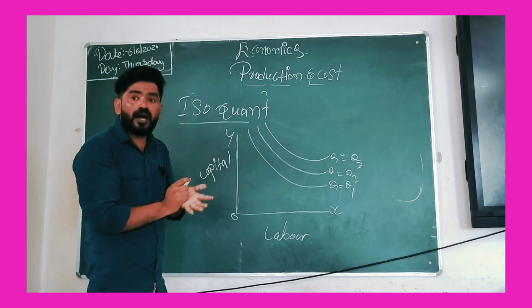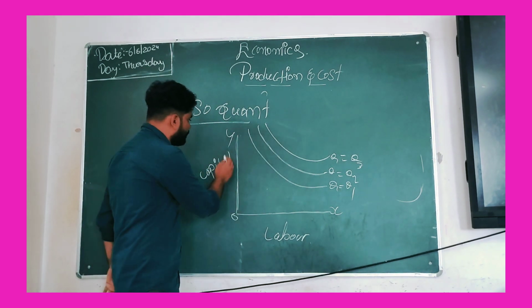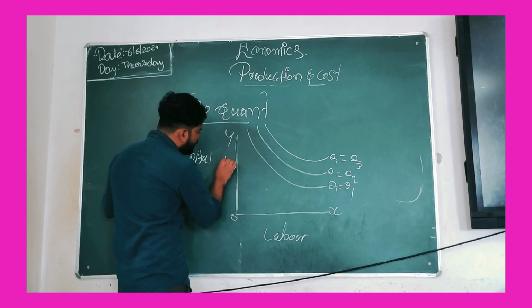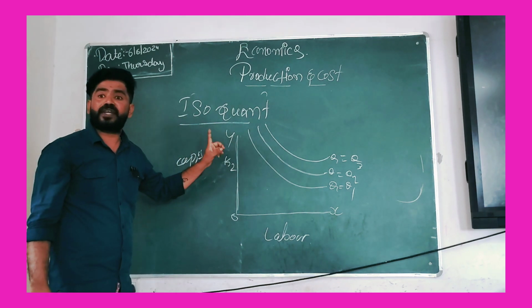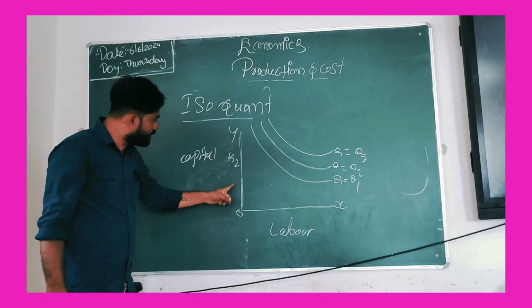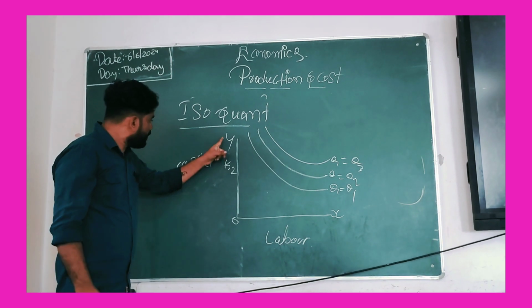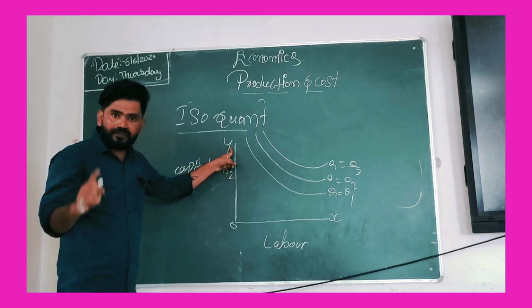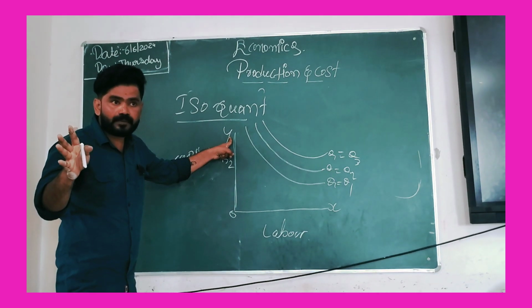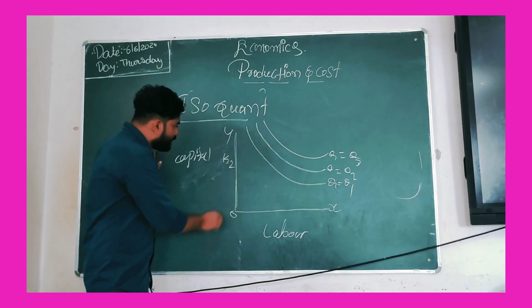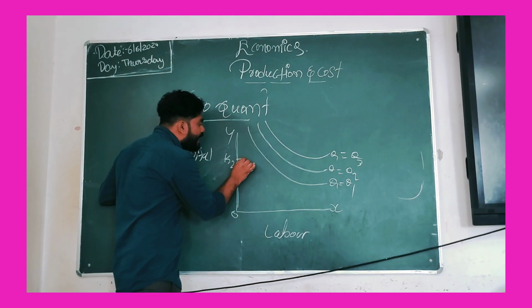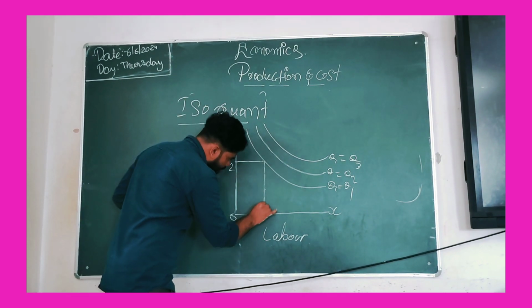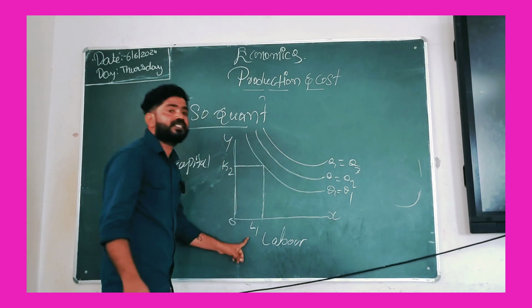Suppose a firm, a factory, a company, uses K2 units of capital. As I explained, the Y axis represents capital. A firm means a manufacturing company. The firm uses K2 units of capital and L1 units of labor.